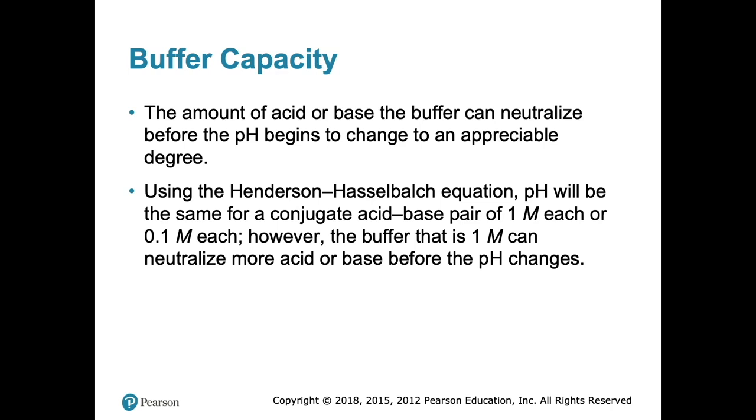So what is buffering capacity? All this here just says this one thing. Most buffering capacity is going to be plus or minus 1 pH unit. For example, if you're talking about the carbonate bicarbonate buffering system in your blood, and your blood is pH 7.4, the buffering capacity of the 7.4 in your blood is plus or minus 1 pH.